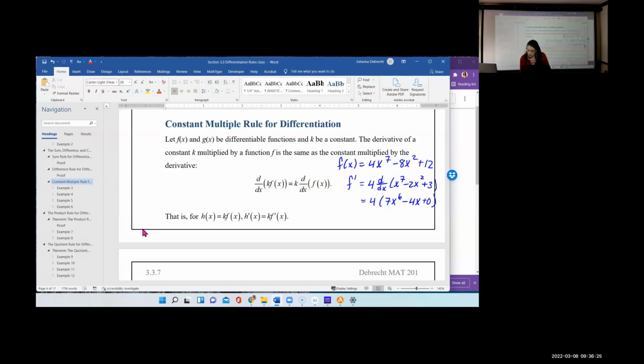Remember, the derivative of a constant is 0, which would give me 28x to the 6th minus 16x, which is the same thing I would have gotten if I had done the derivative directly from the beginning.